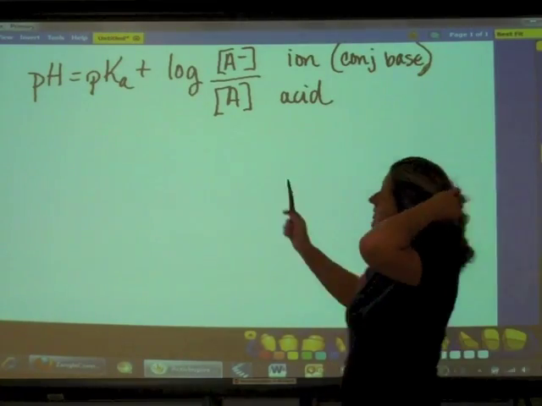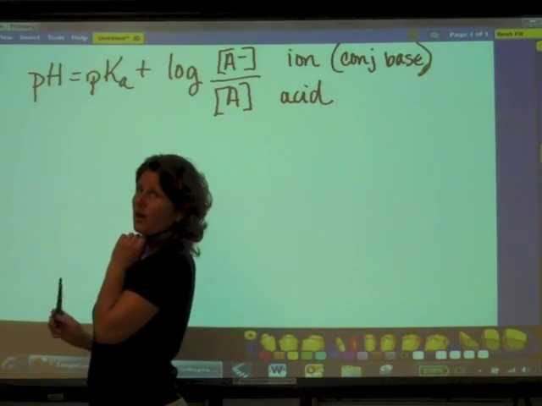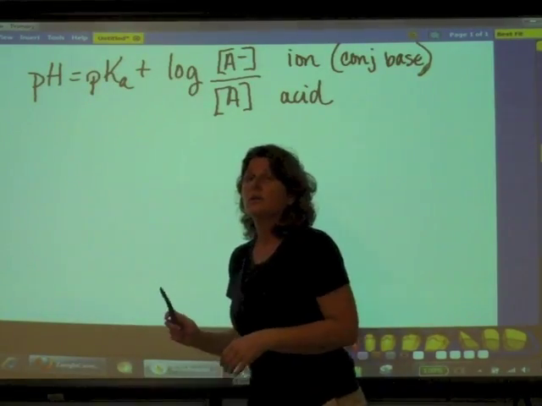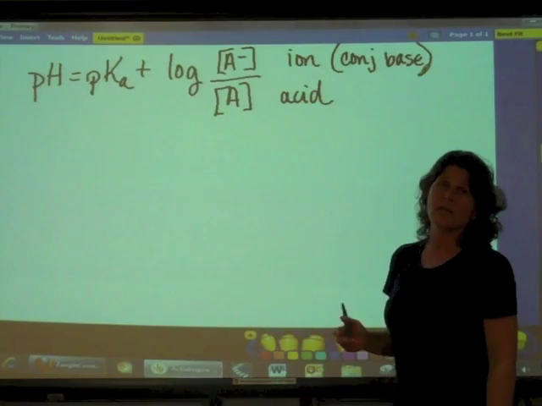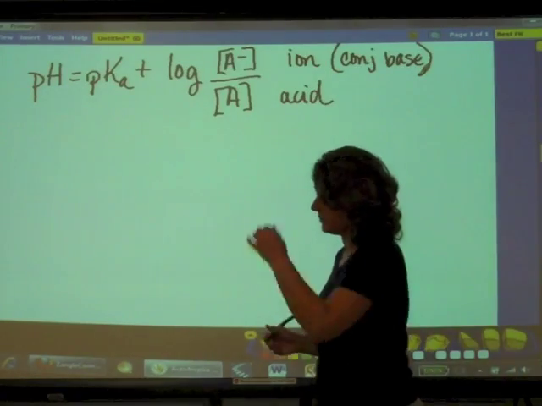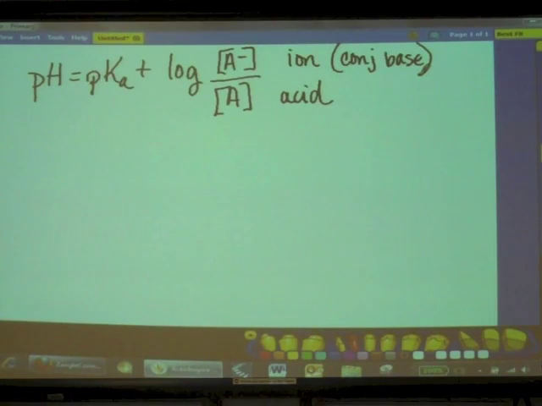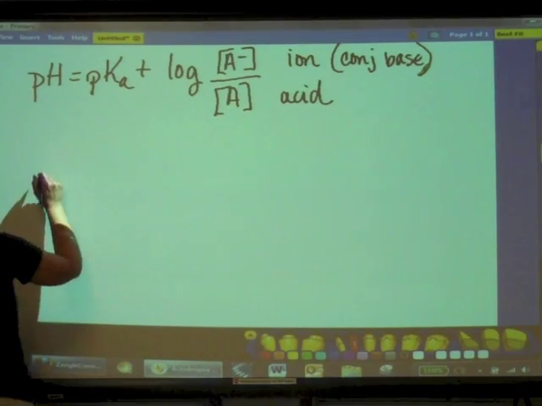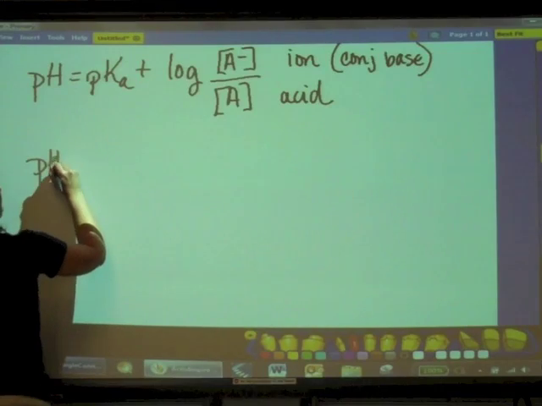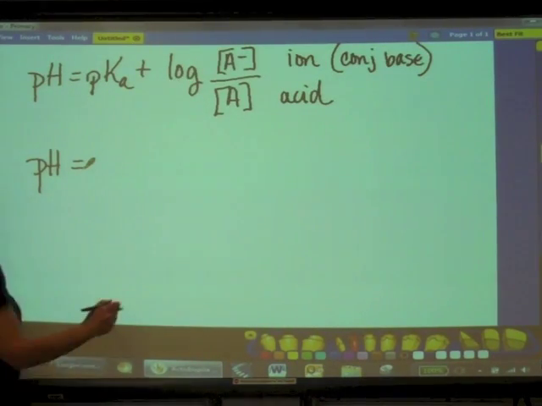And so what do we suppose the pKa is? Well, if the pH is the negative log of the hydrogen concentration, the pKa is going to be the negative log of the acid dissociation equilibrium constant. All right, you guys, so then all you have to do, if you recognize the problem as such, is just plug in. So in this case, we'd say pH is equal to, now the pKa of the lactic acid is 3.85.